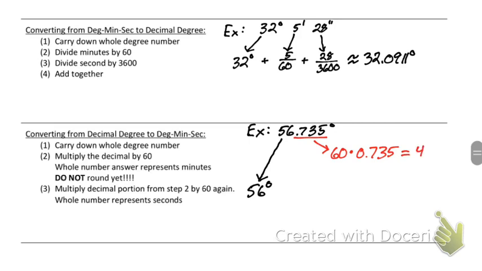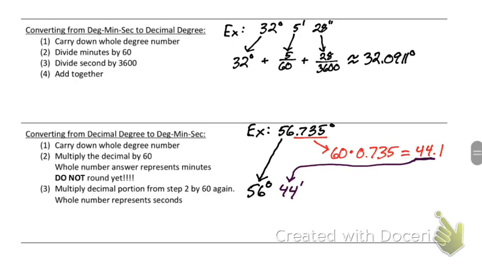I got 44.1. Is that what other people got? You are going to take just the 44 part, and you're going to put it right here. So it's 44 minutes.